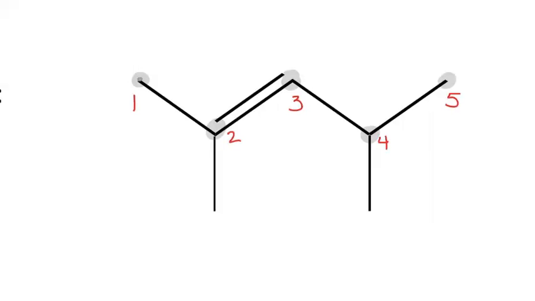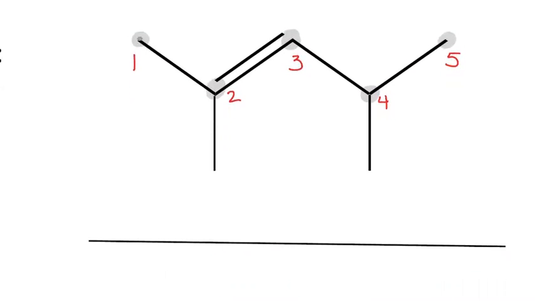Now, what is the prefix for when we have 5 carbons? What is the prefix? Great, pent. And because it is an alkene, it is pentene. The alkane name will be pentane, but because it is an alkene, it is pentene.